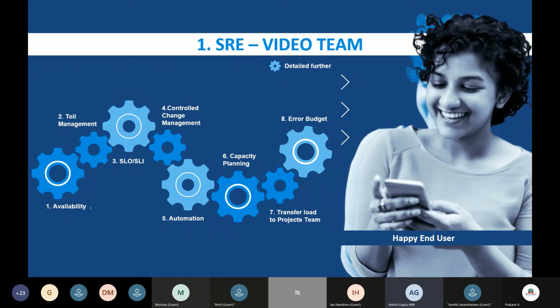They were both disconnected entities, not talking too much to each other, and hence these are all disjoint systems. More often than not, feature upgrades on the video services were very rare, because people were pushing too many changes, thinking that the run team would get a lot of tickets.